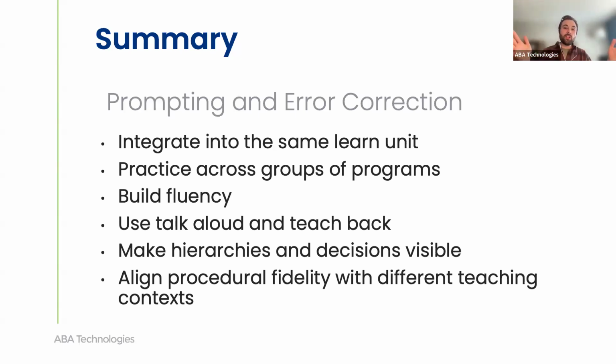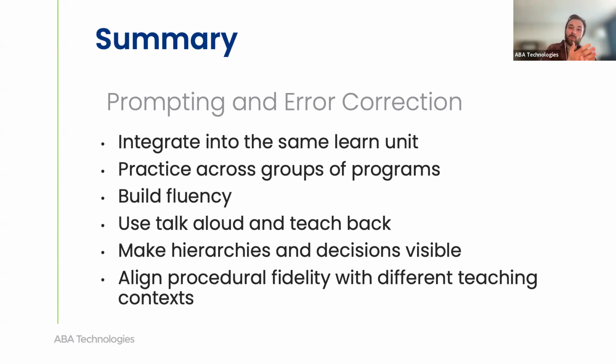Okay, so you want to help them size up that unit and look at where prompting and error correction fit inside of it. Okay, and then you want them practicing it very early on by rotating through programs rather than getting stuck on doing it with just an individual target. Really getting up their speed and accuracy with that.